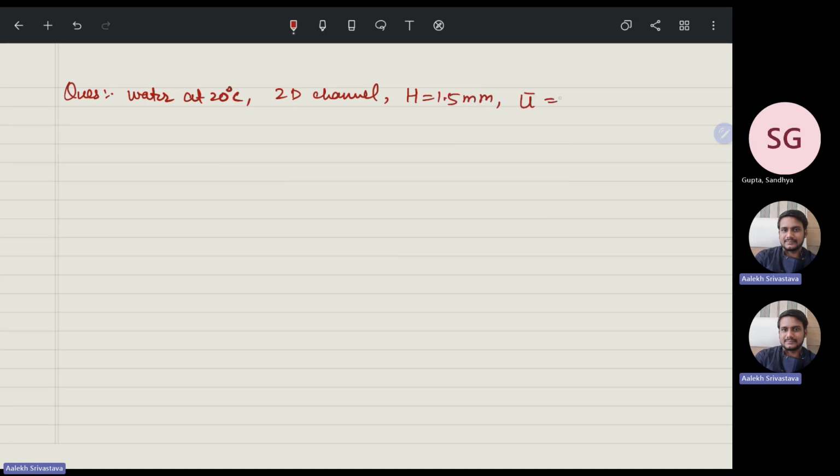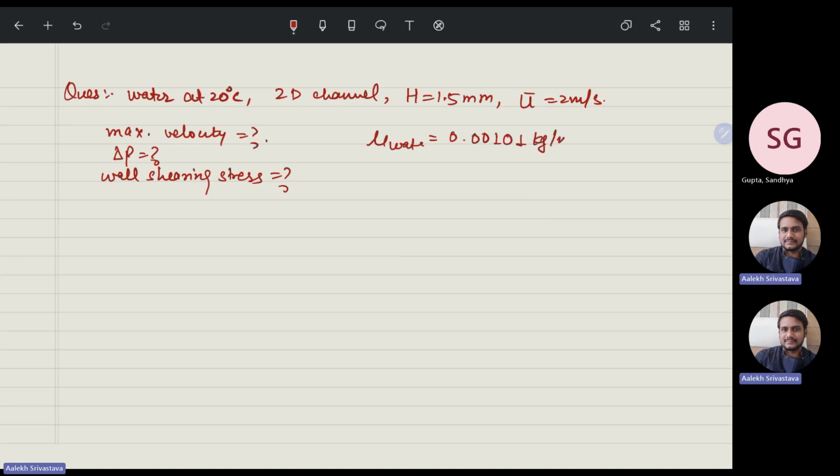Your average velocity is given as 2 meter per second. You need to find what is the maximum velocity, what is the pressure drop, and what is the wall shearing stress. And it is given that mu of water is equal to 0.00101 kg per meter per second.